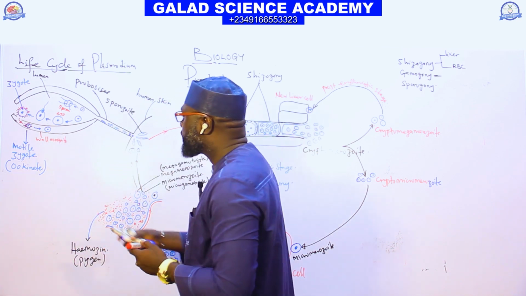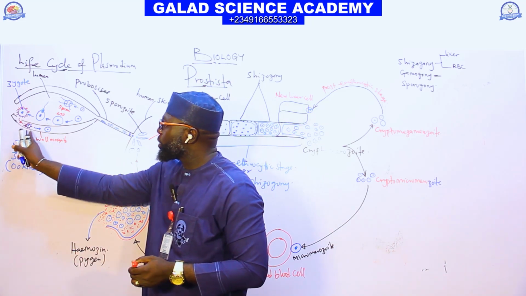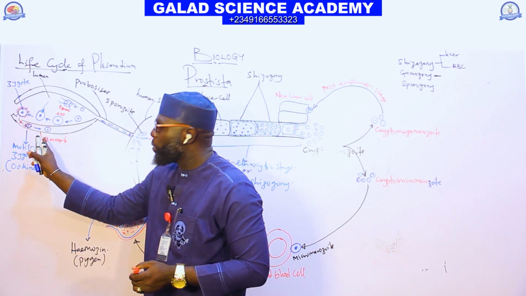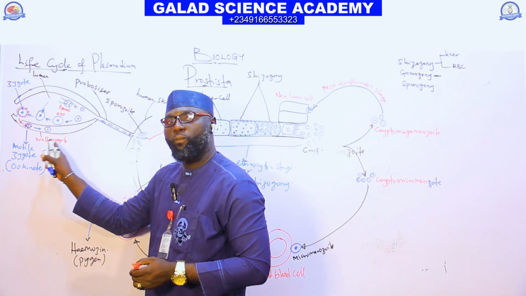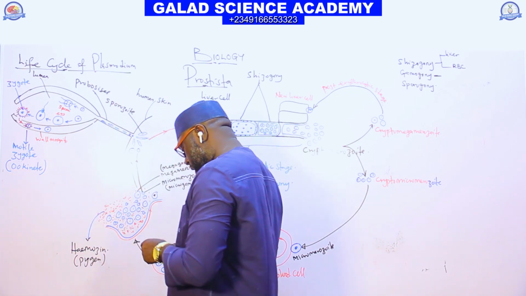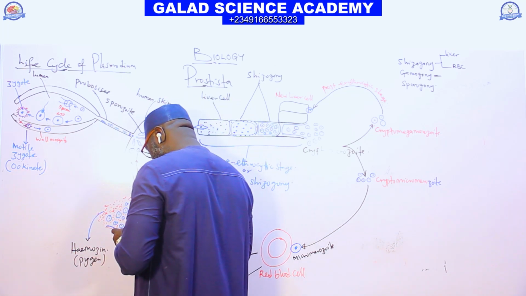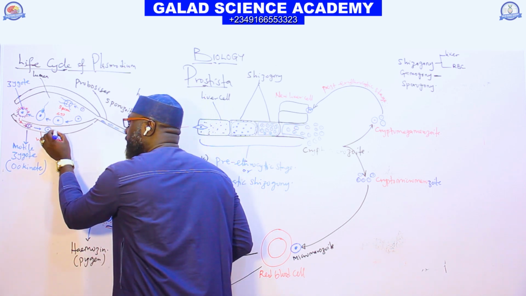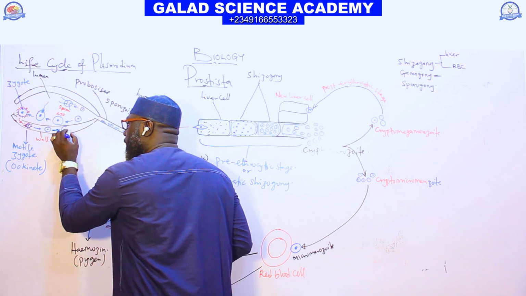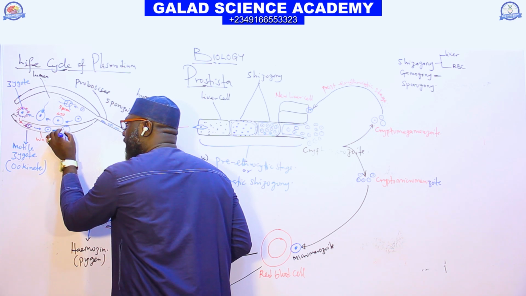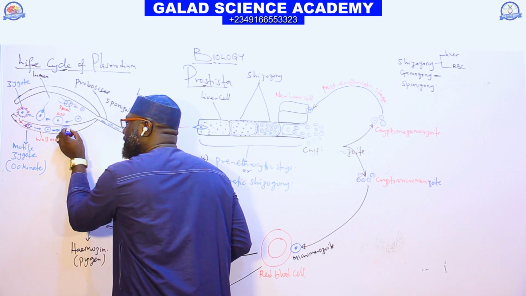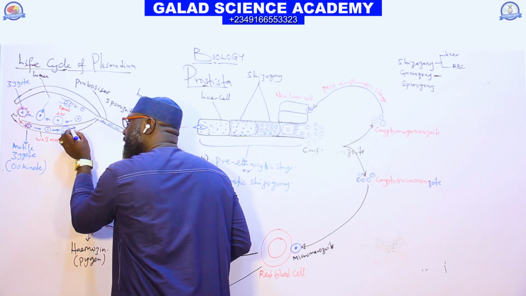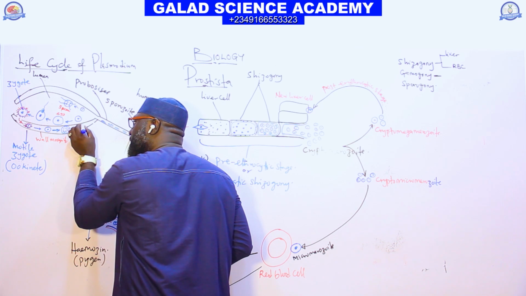So when the zygote gets to the wall of the mosquito, it will now undergo asexual reproduction. It undergoes cleavage, asexual reproduction. The nucleus will also divide into many and burst to release sporozoites.